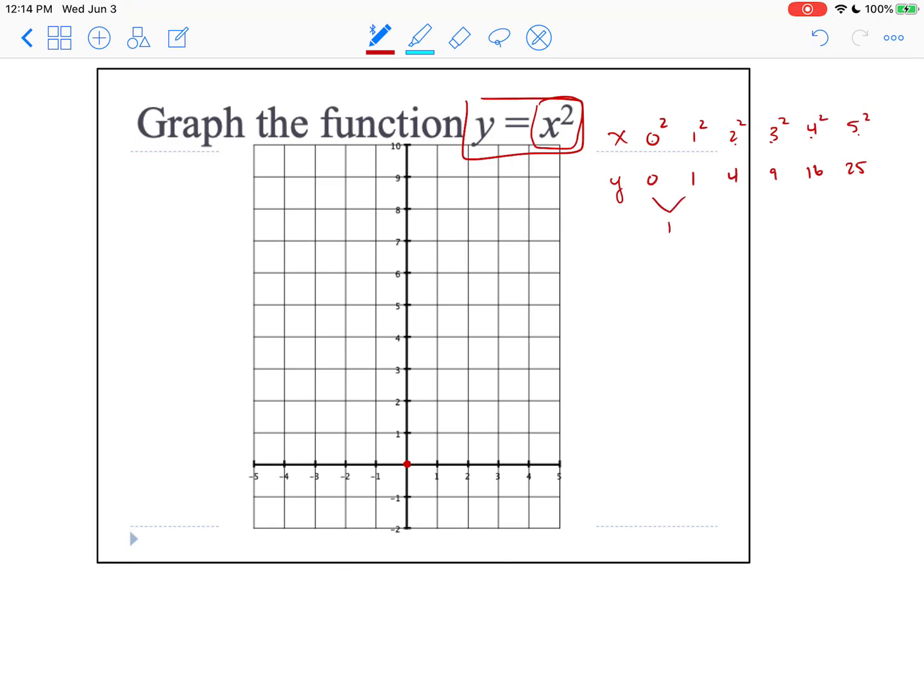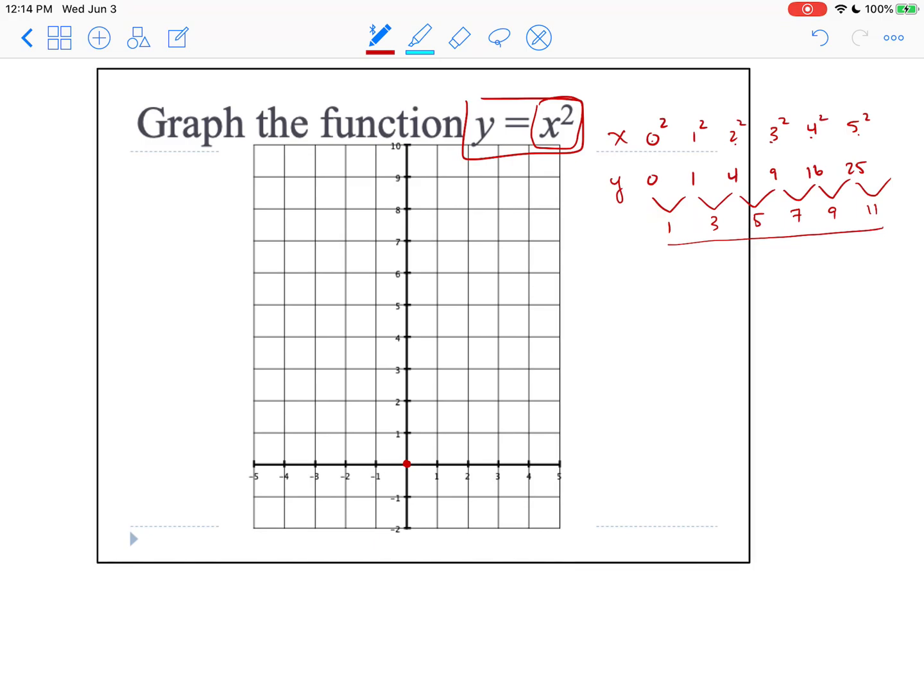And the distance between these are 1, 3, 5, 7, 9. And so this pattern continues forever. The next perfect square is 36, and that's 11 away. So this just keeps increasing by odd numbers. And so that's how I get the shape of my quadratic.